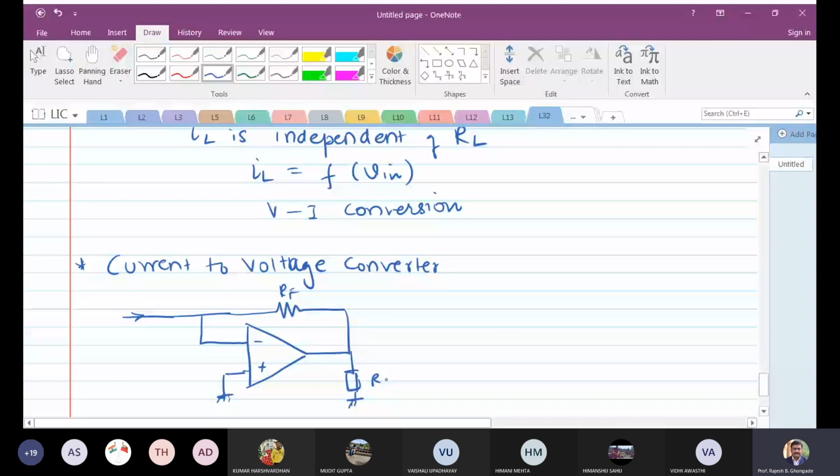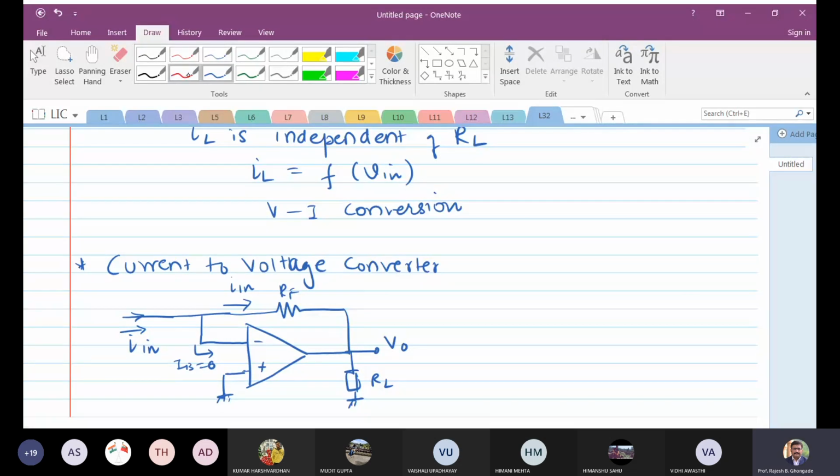So I'll call this I in. The entire I in goes here because IB is 0. So the voltage here, let us call it as V2. Here the voltage we call as V1. This is VO, we have already marked.